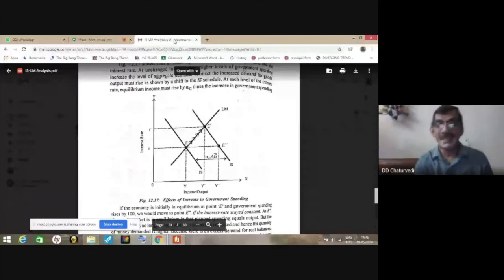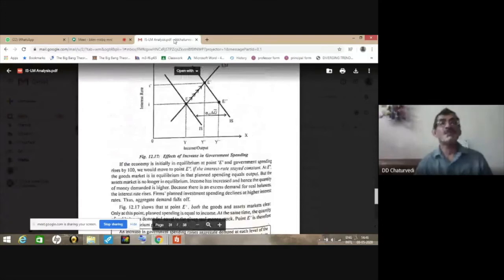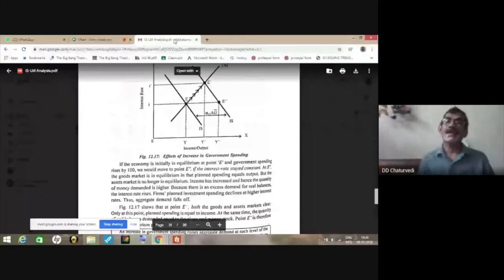But the point is, here we will move to E double dash only when we assume that the interest rate doesn't change, it remains constant. In the previous chapter, we assumed that there is no change in interest rate, because in the previous chapter we explained the equilibrium only in the product or goods market.